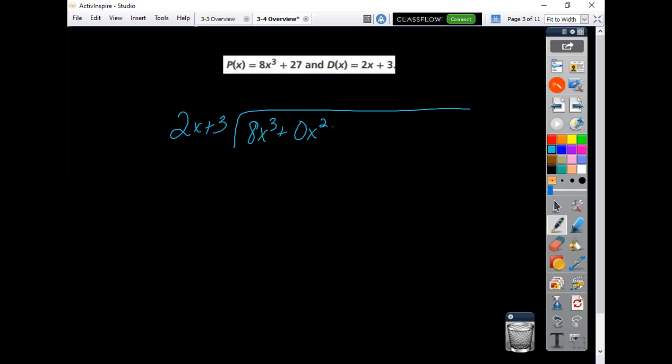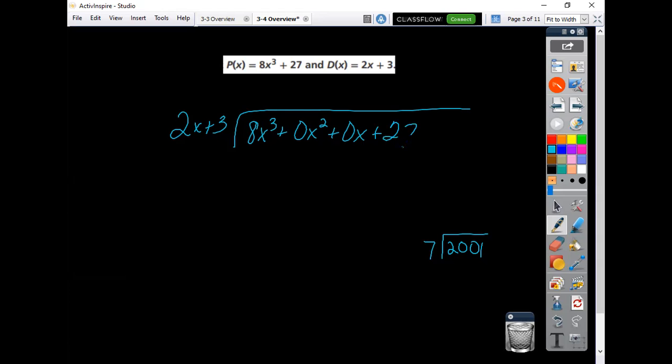I have no x squareds. I have no x's. Just like normally if we'd taken 5 or 7 into 2001, we have these zeros to hold these spots for these places. We're going to leave zeros to hold the spots for each degree of our polynomial.